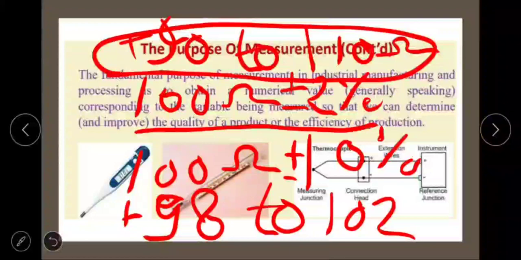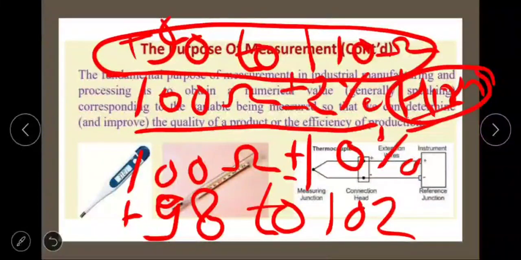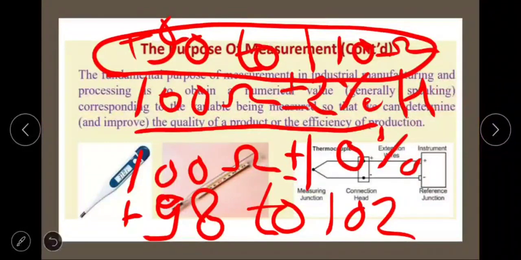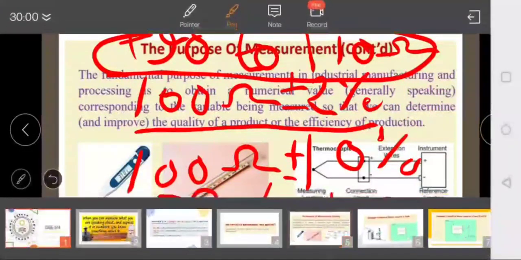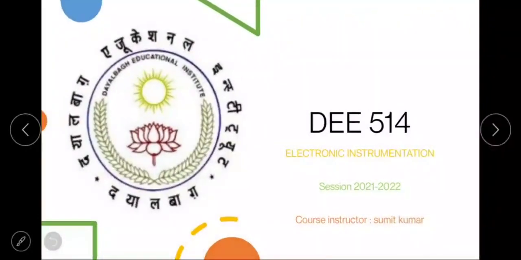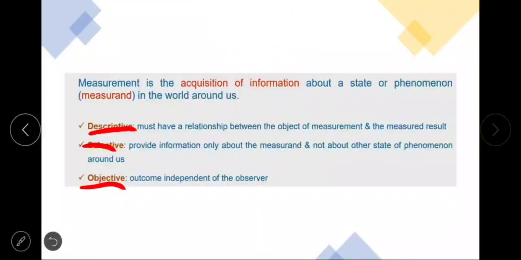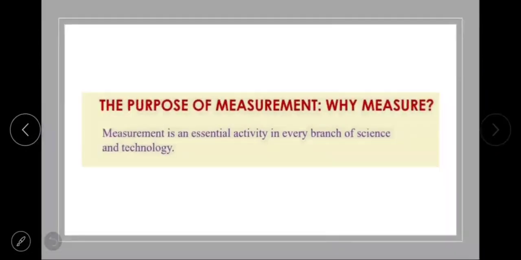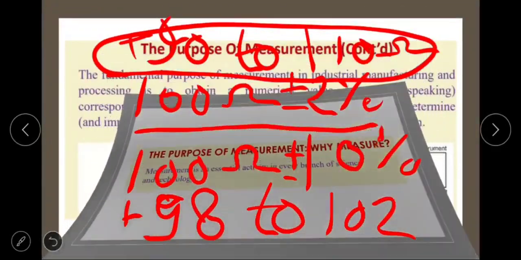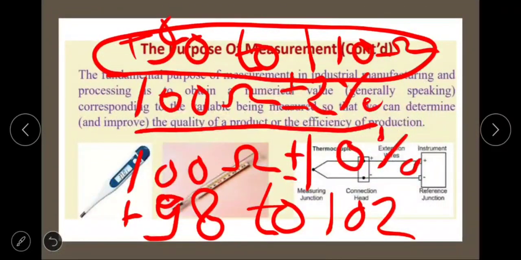So this is how you can understand the price of this resistor will be very high. Not very much higher, but definitely it will be high as compared to this resistor. Okay, this you can understand.